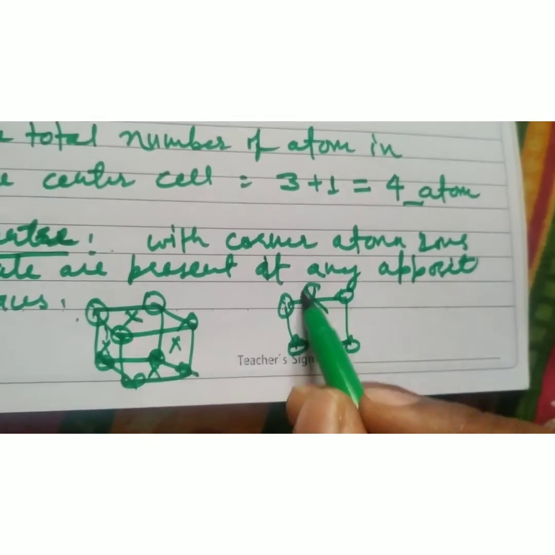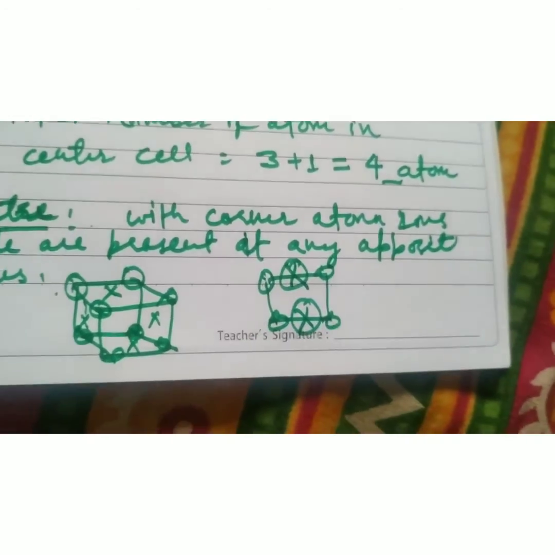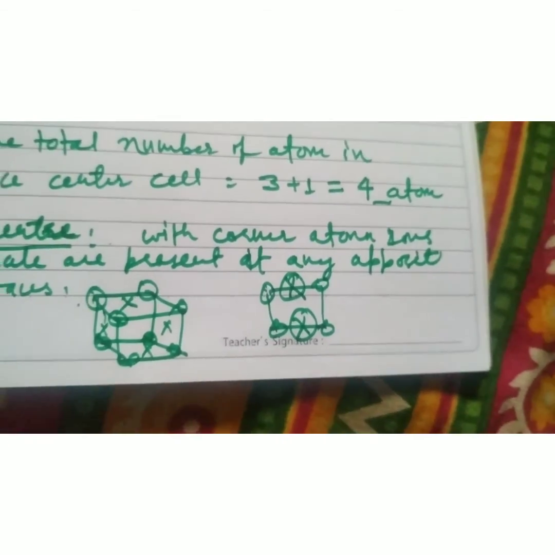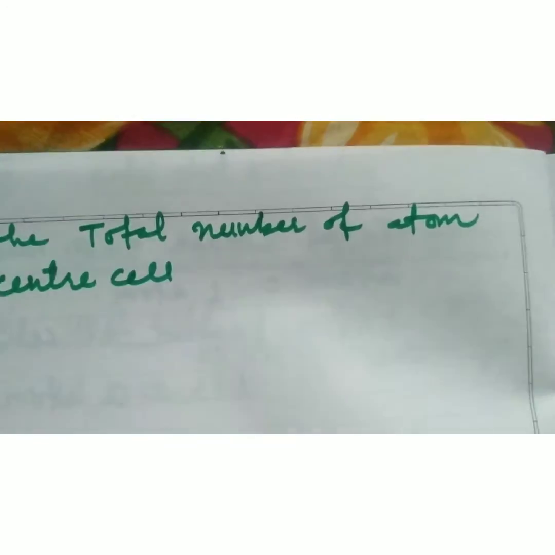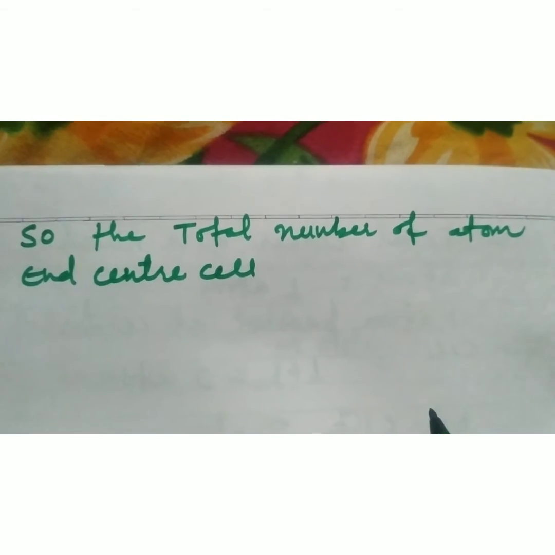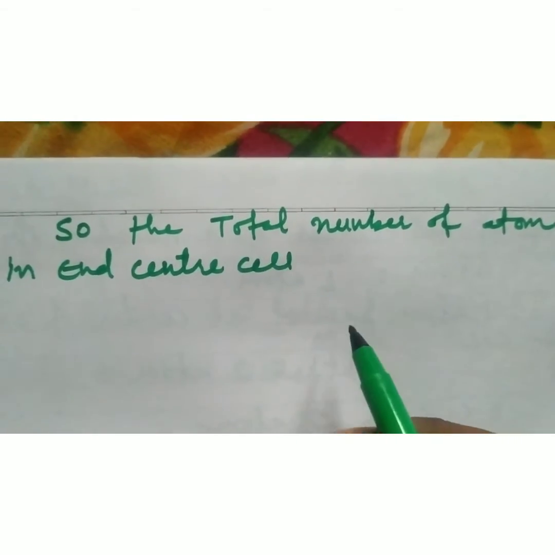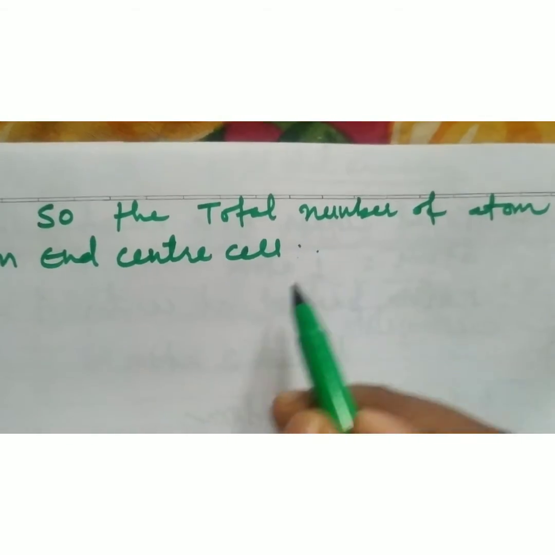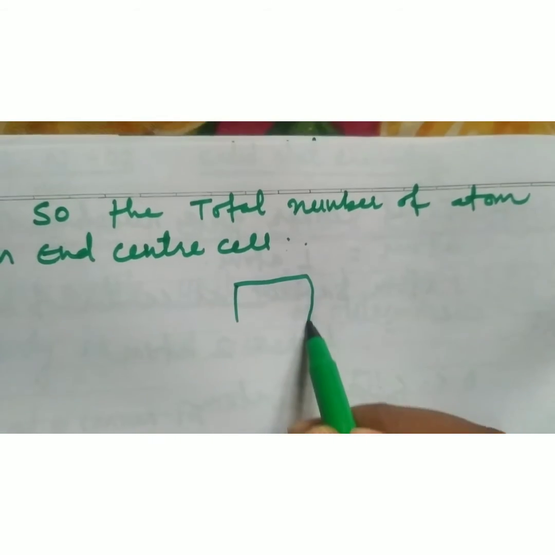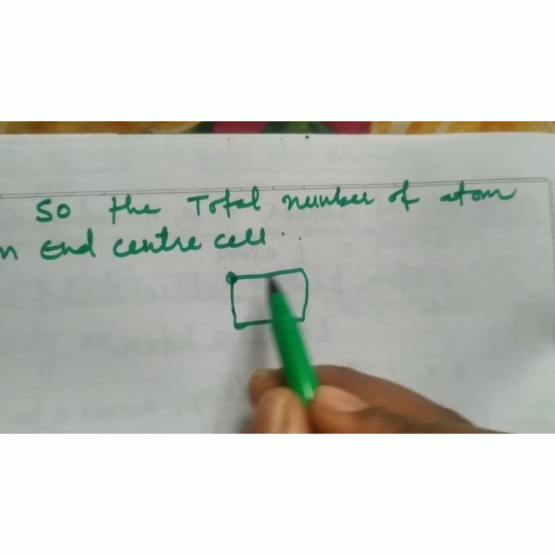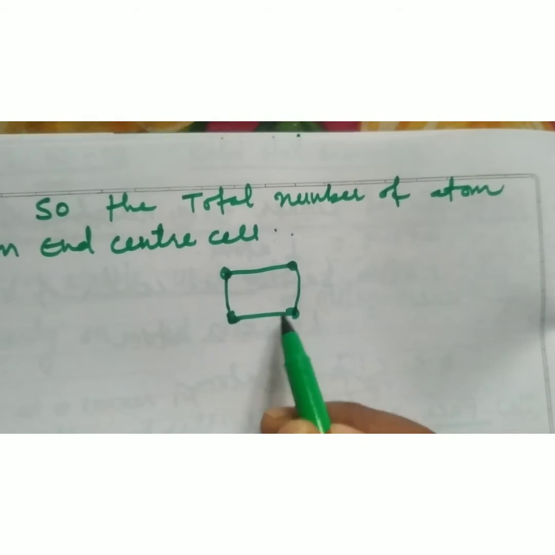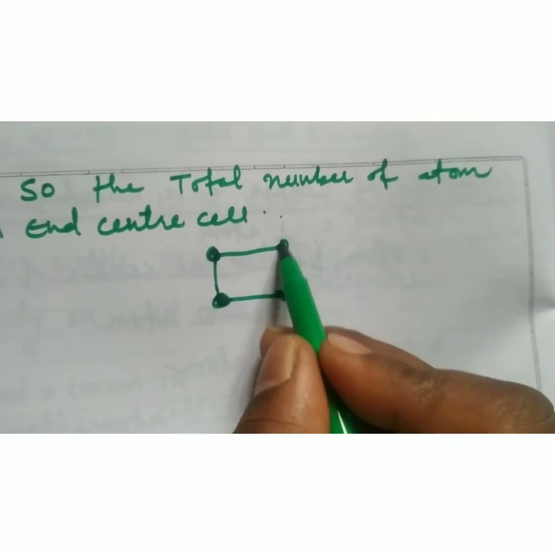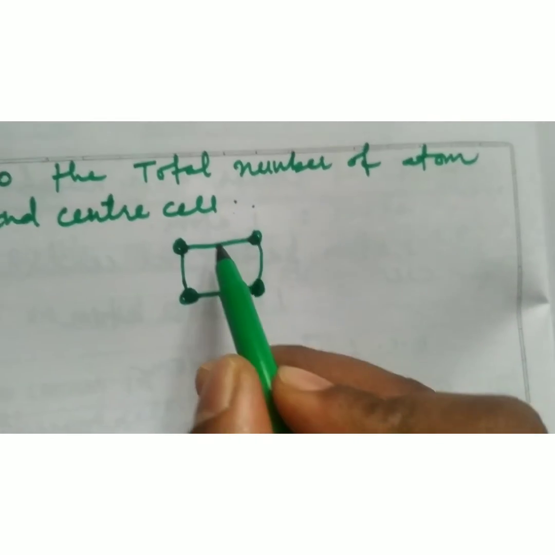Clear? This is the identification of the end centered cell. Any opposite two faces will contain two atoms. So the total number of atoms in the end centered cell.